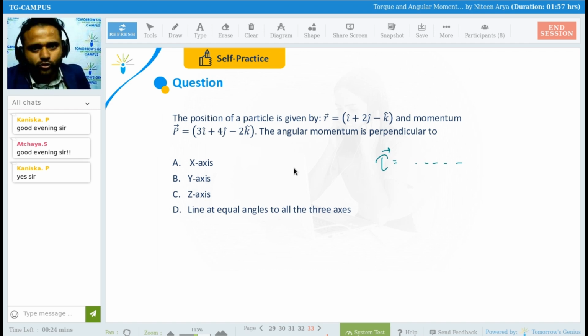With which axis it gives you 0 dot product, that axis is perpendicular to the angular momentum, because the dot product of two vectors is 0 if they are perpendicular to each other. Isn't it? So do this analogy and tell me the answer.